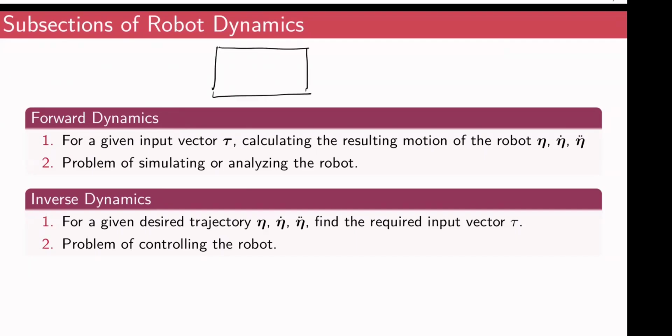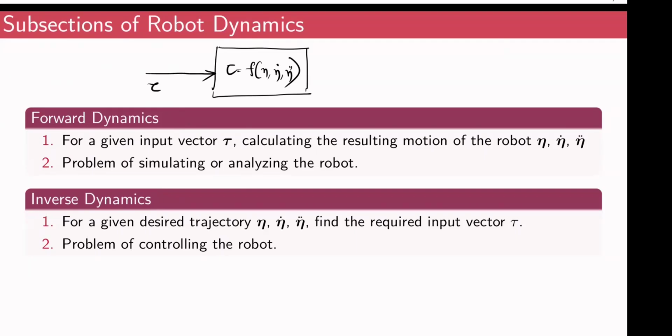I'll represent this mobile robot using this governing equation, where you can give tau as a function of eta dot and eta double dot, right?